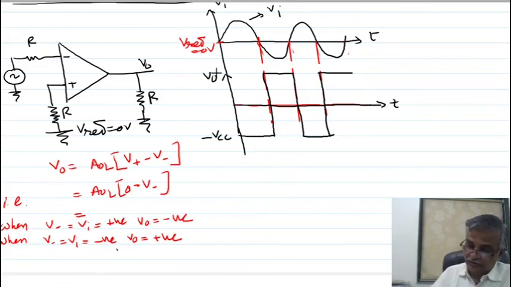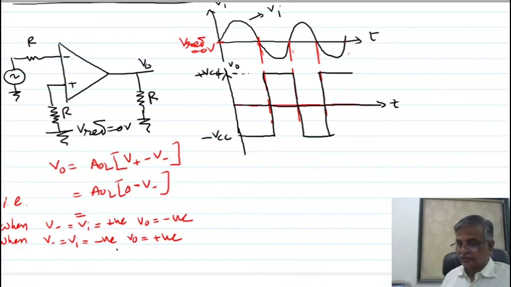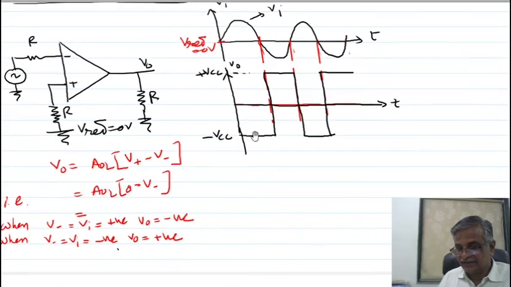This is plus VCC. In this circuit of a zero crossing detector, whenever the input signal crosses the zero level, which is nothing but the reference level, the state is changed. As a result, we are getting a square wave output.